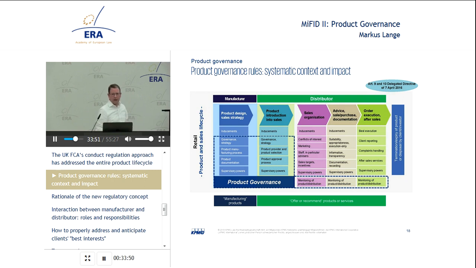And here again, my slide, looking at the different colors and the completely colored picture: the two addressees of the MiFID II product governance rules, the manufacturer and the distributor, having in mind that a manufacturer of a relevant financial instrument, be it a fund, would not necessarily be an investment firm, so that the one person who is caught by the regulation in any event is the distributor.